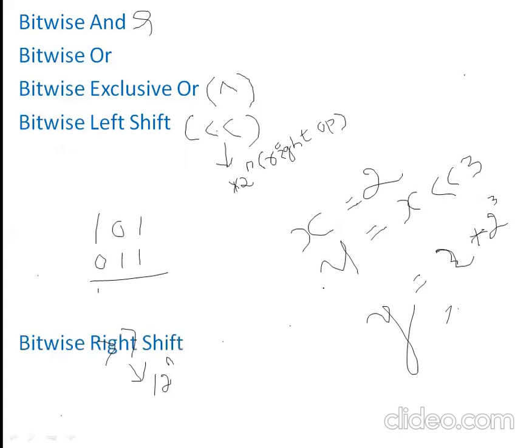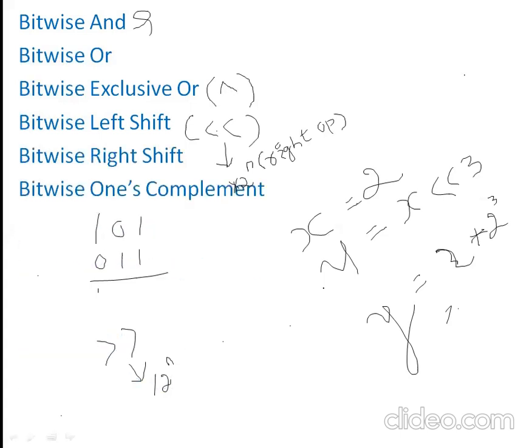Next comes bitwise ones complement. Its symbol is the curve symbol, just below the escape key on our keyboard. The symbol is called the tilde sign.